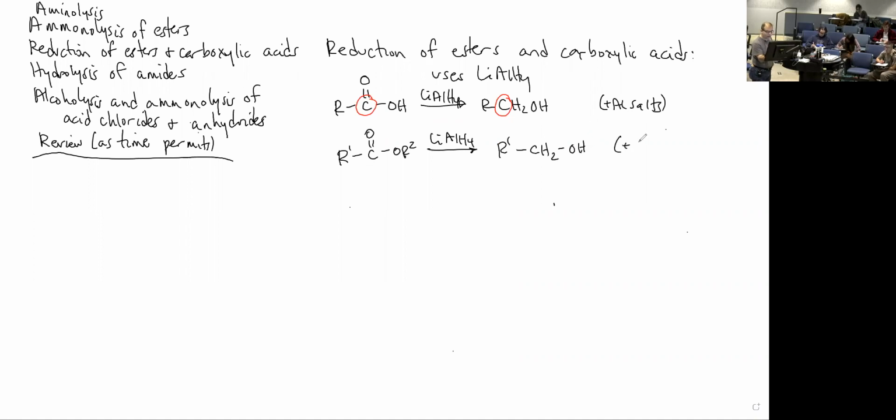The other product you will get is a small alcohol, which is almost certainly going to be methanol or ethanol, plus aluminum salts. So once again, the CH2 carbon of the primary alcohol had been the ester carbonyl carbon. So either a carboxylic acid or an ester can be reduced with LAH to give you the corresponding primary alcohol.